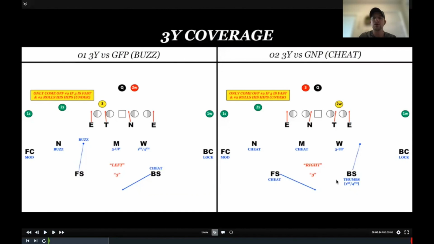So I now become a vertical player, which is no different than teaching him the 3-up player. Well, if there's no 3 over here, 3's here, I just got to make sure I work through the vertical hook. So to me, that's an easy way of going from bracket and moving to middle of the field closed in cover 1, and then eventually being able to teach that 3Y coverage.